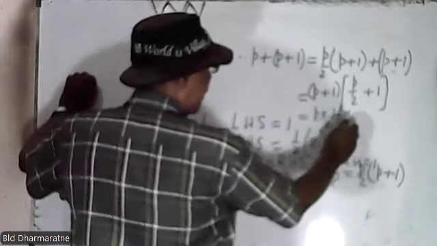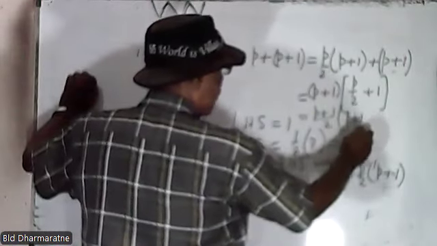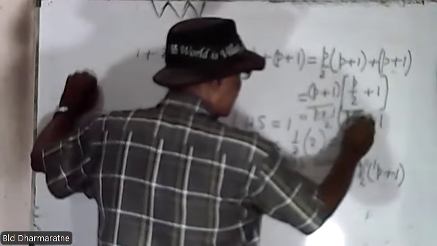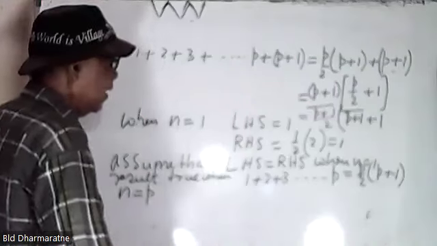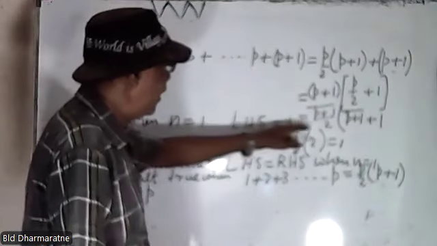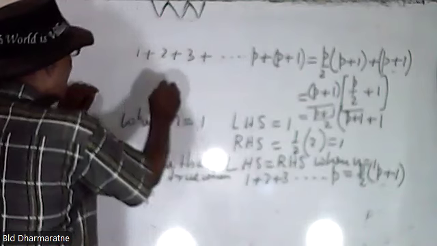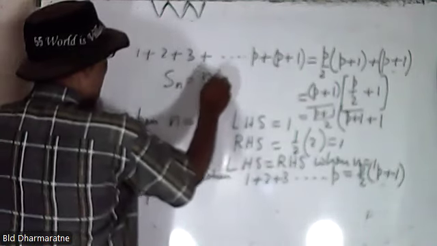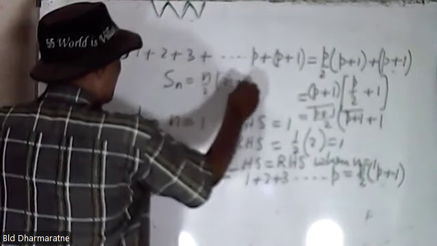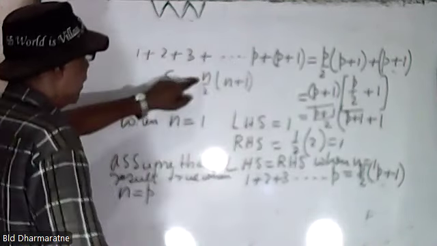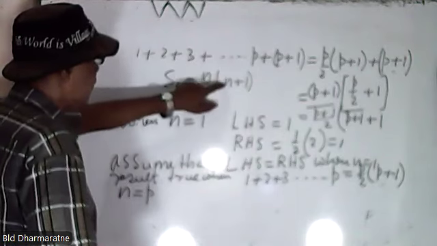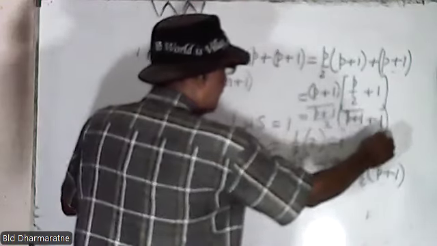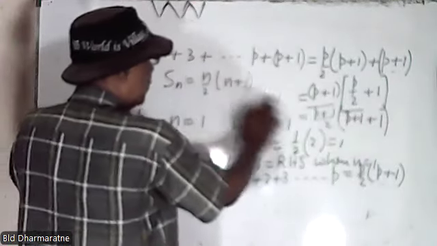This can be written as p plus 1 plus 1. What is this? This is the formula Sn equals n over 2 times (n plus 1), with p plus 1 instead of n.